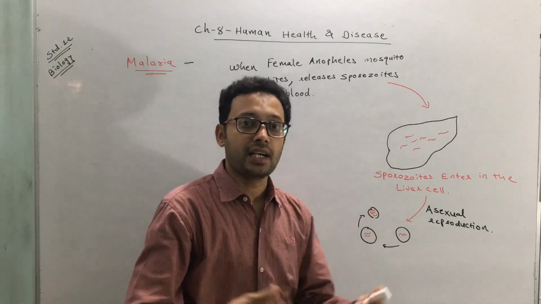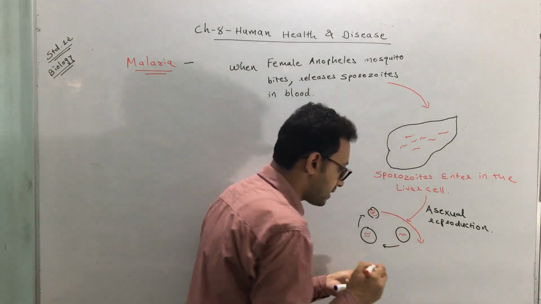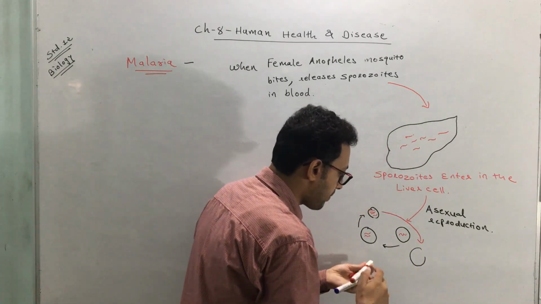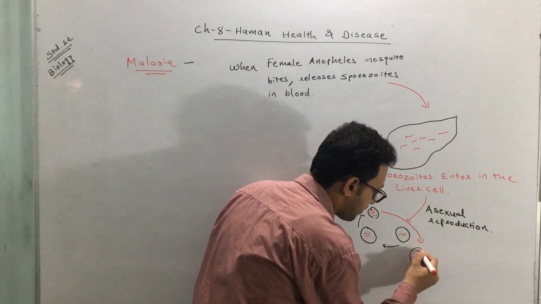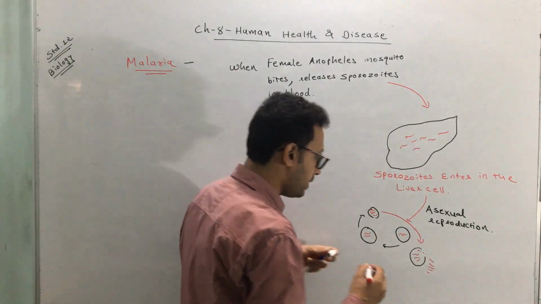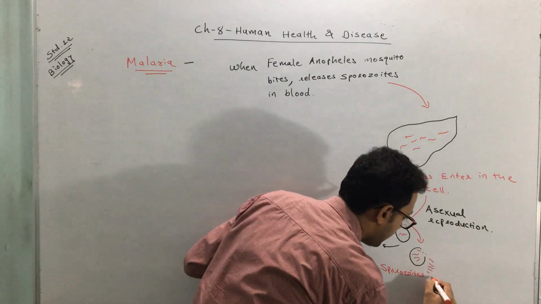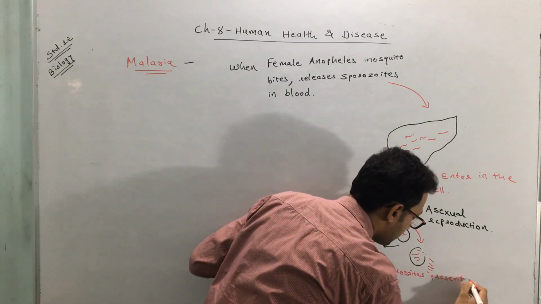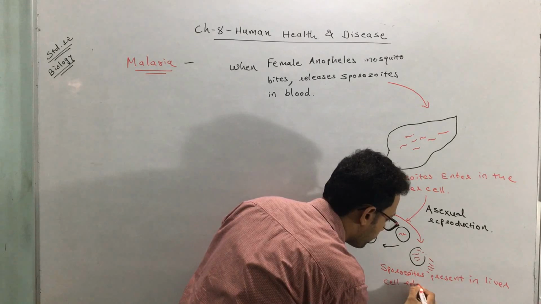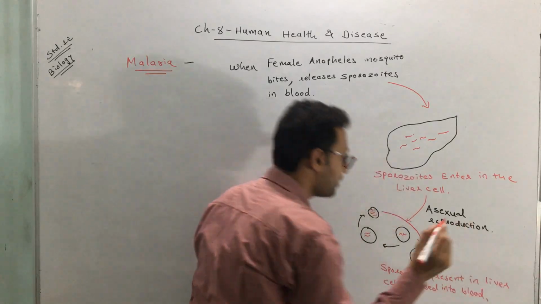So when the numbers are very high, the cell gets ruptured, and the parasites within it get released into the blood.